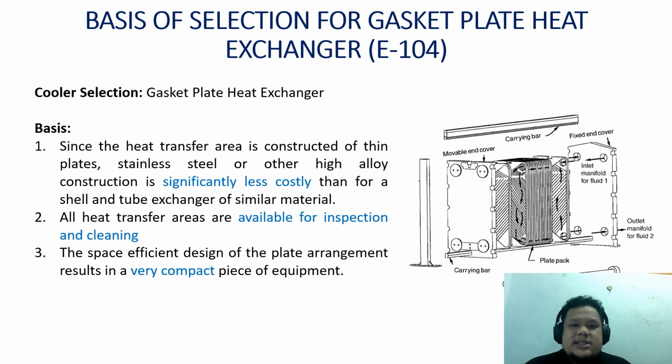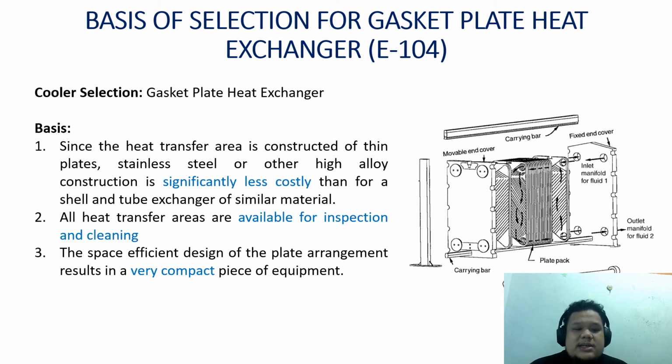The basis of selection for why the gasket flat heat exchanger is chosen for cooler E104 is because the material of the plate itself is usually made of stainless steel or other high alloy construction such as titanium, and it is significantly less costly compared to those of shell and tube exchangers of similar material.